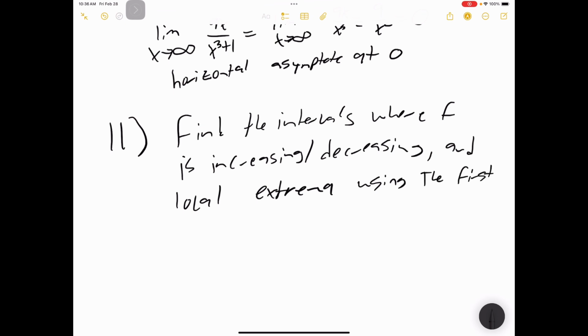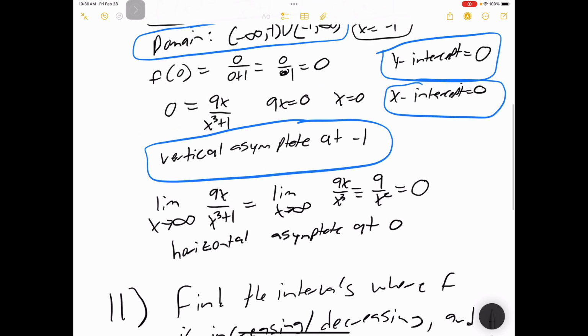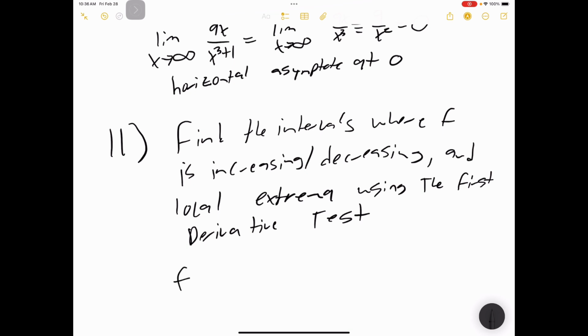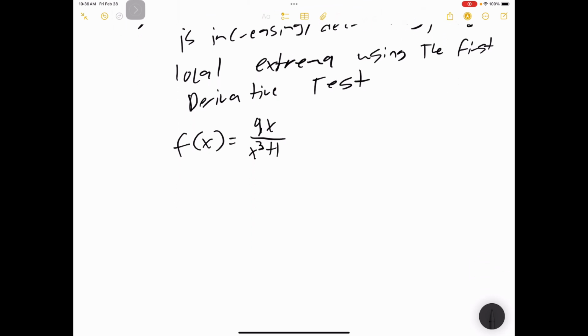And we'll call it the first derivative test. So what we have is our function, which is f of x equals 9x over x cubed plus 1. And we need the first derivative of this.